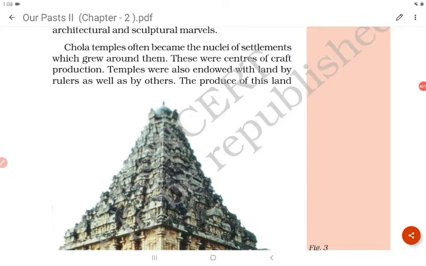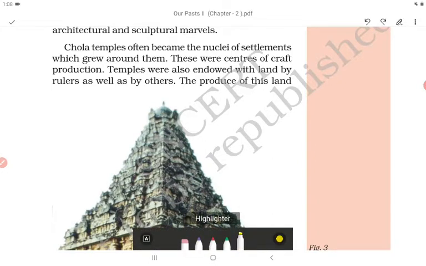Chola temples often became the nuclei of settlements which grew around them. These were centers of crafts production. Temples were also endowed with land by rulers as well as by others.